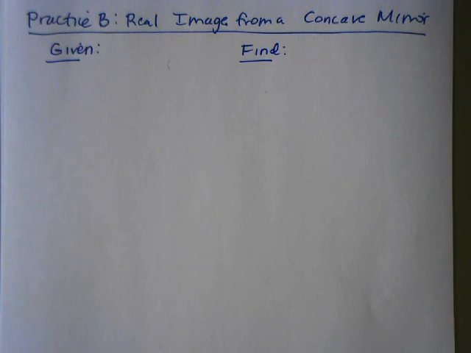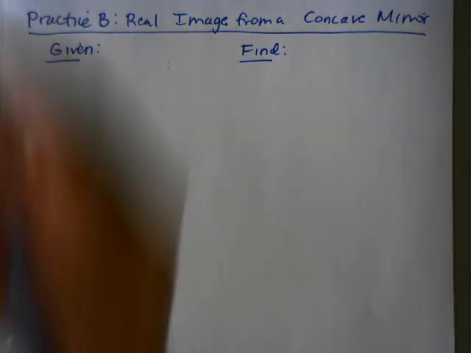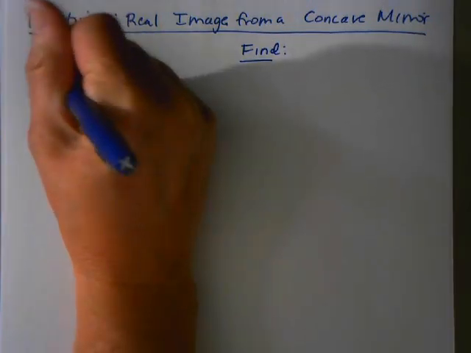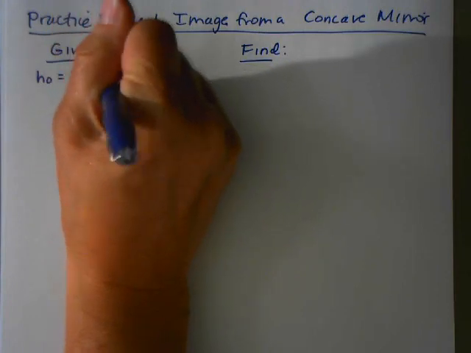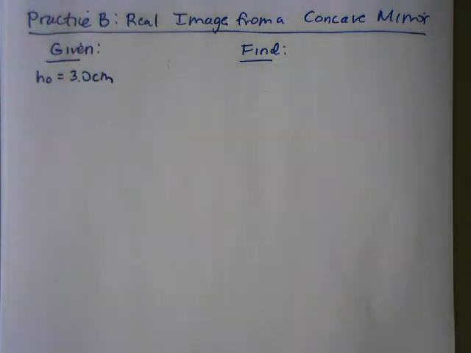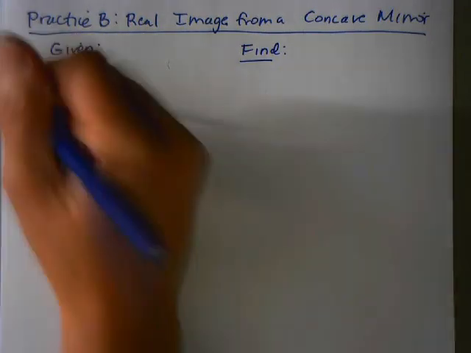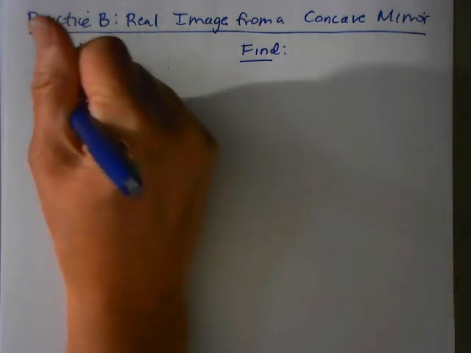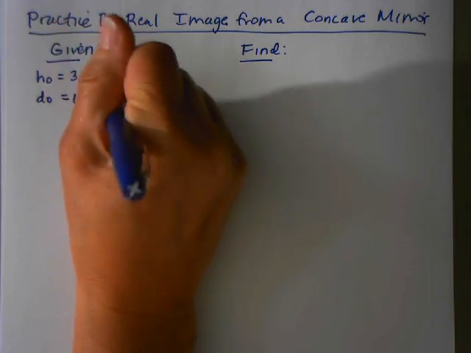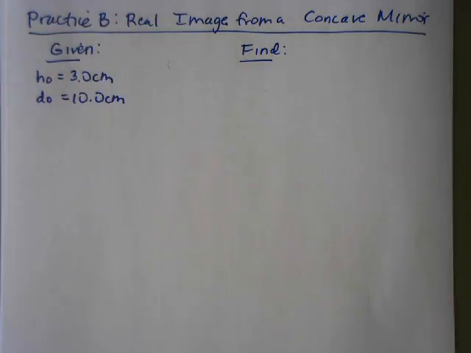So we're going to write our given. An object 3 centimeters high, so that's the height of the object, which is HO, is 10 centimeters in front of a spherical concave mirror. So the distance from the mirror to the object is 10 centimeters, having a radius of 12 centimeters.